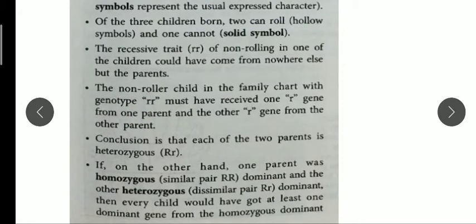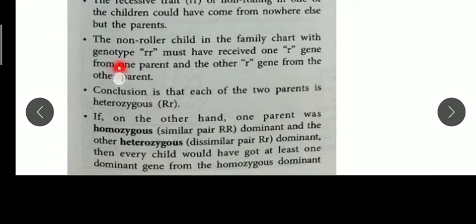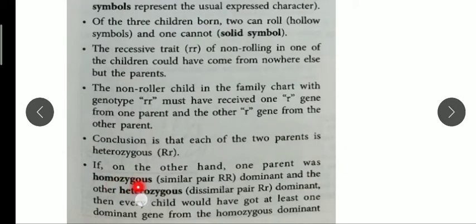We all know there must be changes in nature, in genotype and phenotype, due to heredity. So the conclusion is that each of the two parents is heterozygous. If on the other hand one parent was homozygous dominant and the other heterozygous, then every child would have got at least one dominant gene. So the conclusion is that both parents are heterozygous.